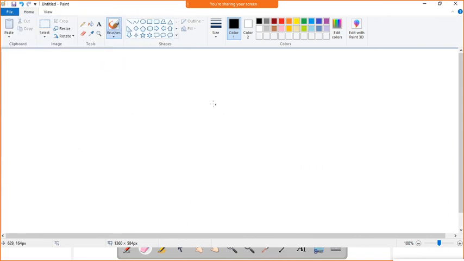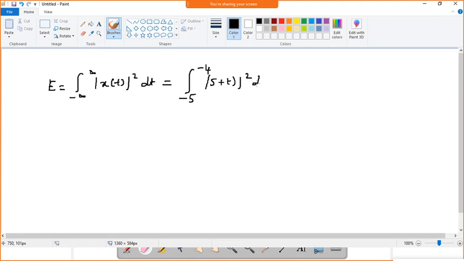How will you find it? Energy equals the integral from minus infinity to plus infinity of x of t square dt. Now split the signal. What is the value between -5 and -4? It is 5 plus t, whole square dt, is it not?